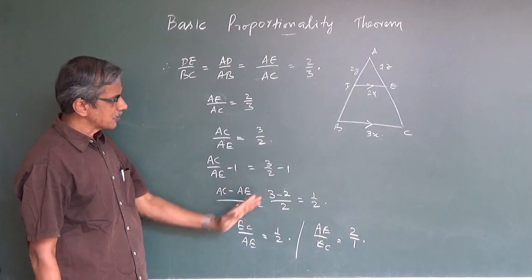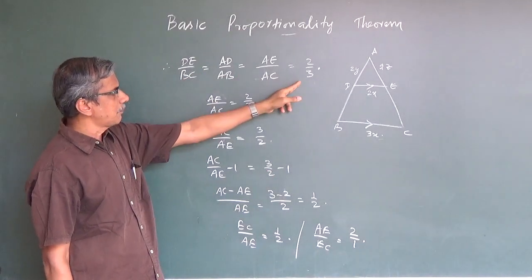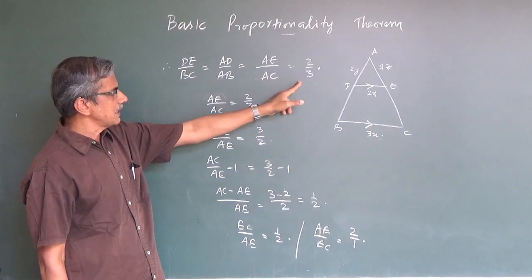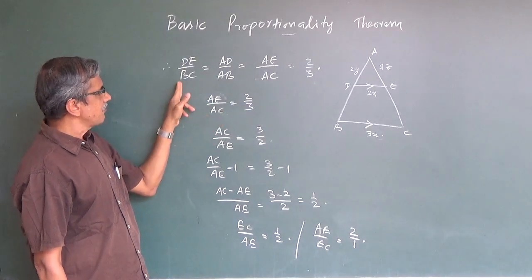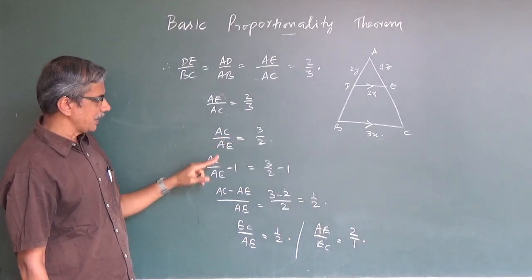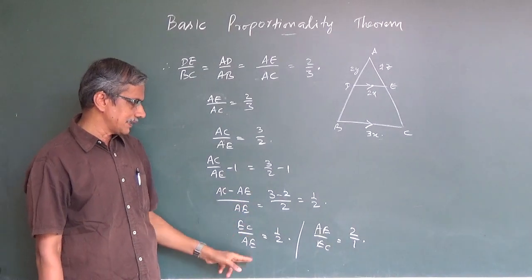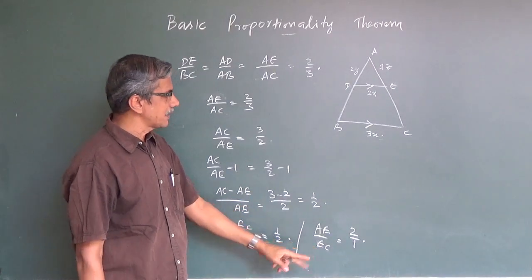I hope you understood this derivation. This is by similarity, because corresponding sides are proportional. So this we knew already, and that is how I have written this. Then I reciprocated it and subtracted 1 from both the sides, and then I get this. I have again reciprocated this.